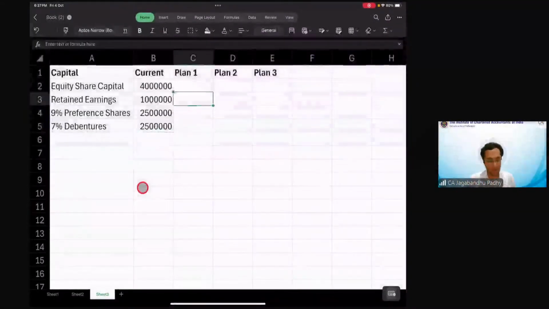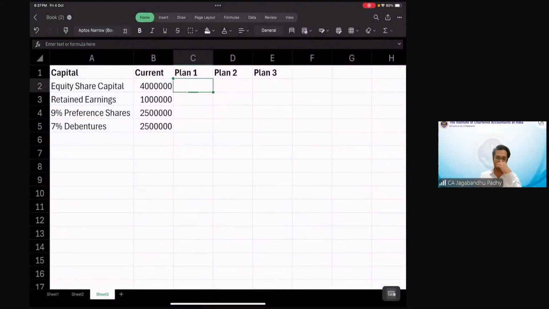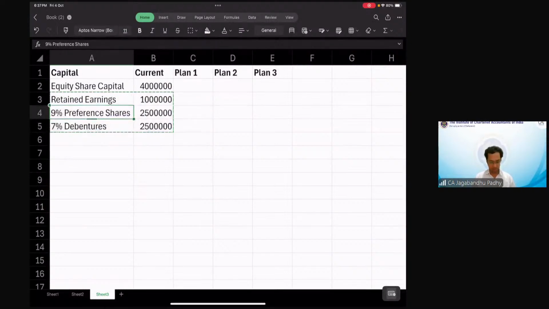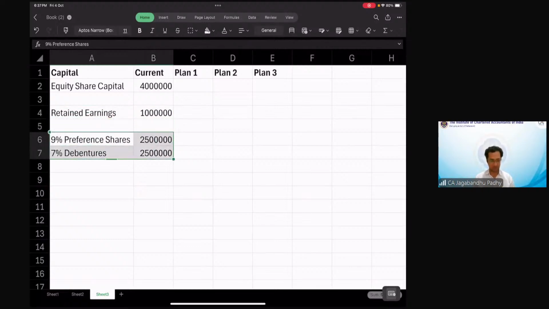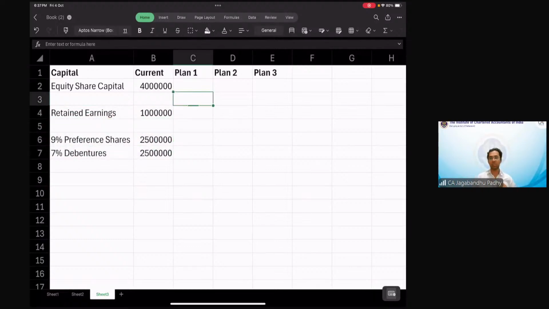Now, plan one is to get it by way of equity. Can you tell me the amount of equity shares that will be issued, the number of shares that we will have?